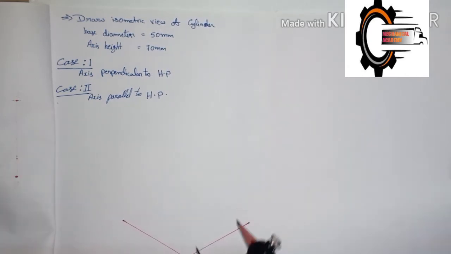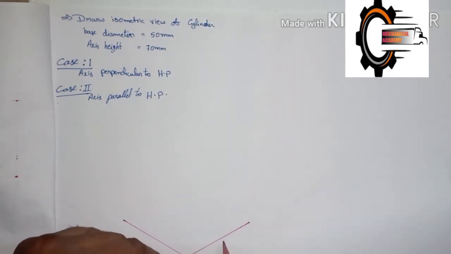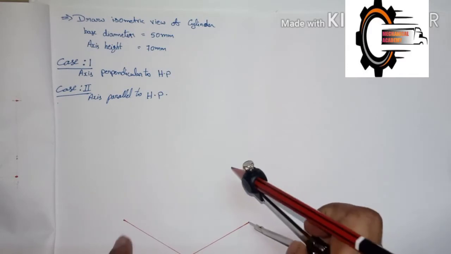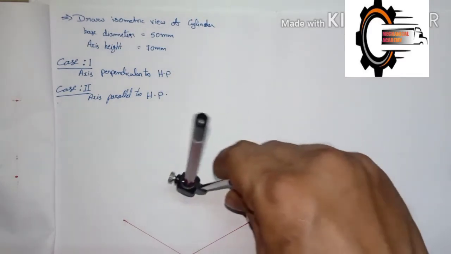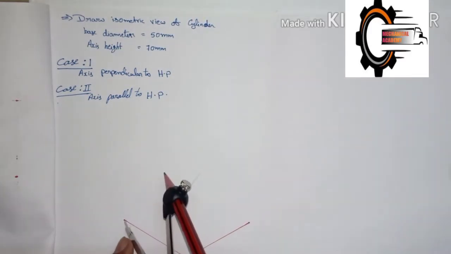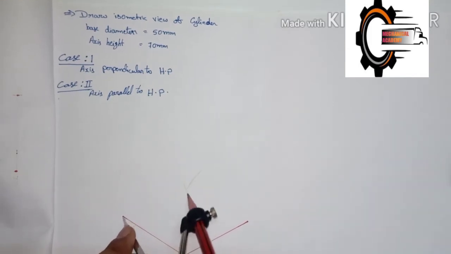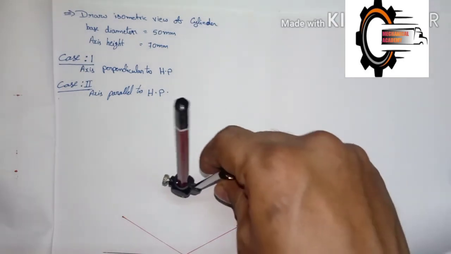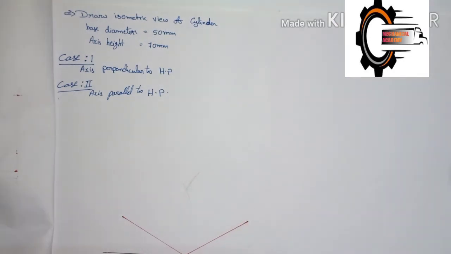For the third point, we have to take a distance of 50 mm, like this. All the sides are equal, so from both sides we have to draw arcs like this. When both the arcs coincide, we'll get the point.